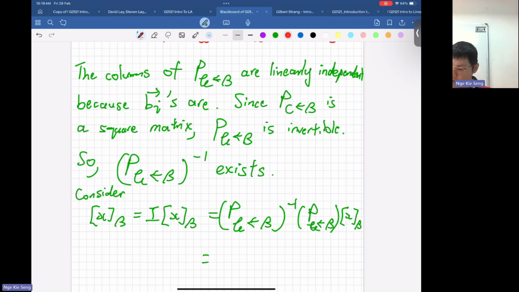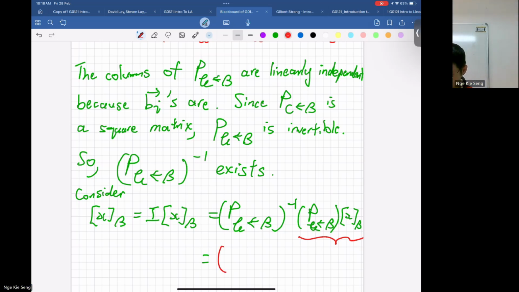We can combine the last two. If you have a change of basis matrix and a coordinate vector in B, you send it to the coordinate vector in C. B becomes C. Very straightforward notation.